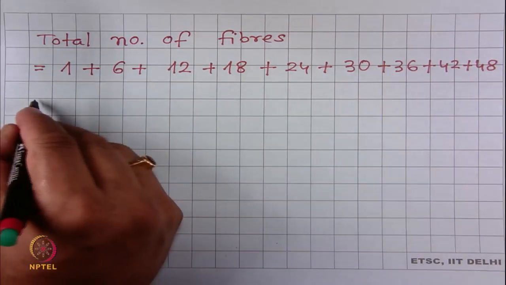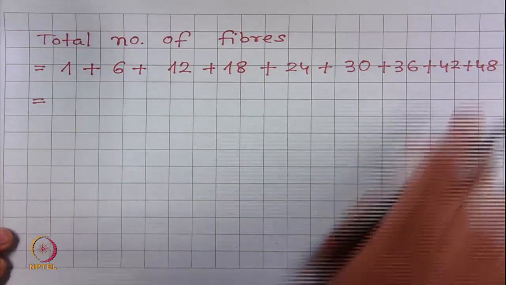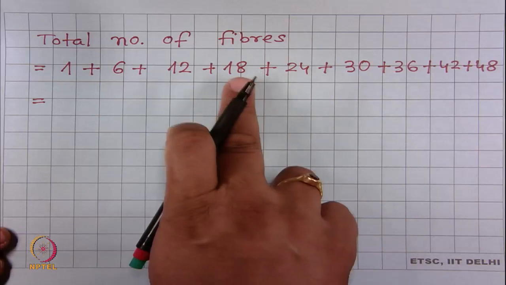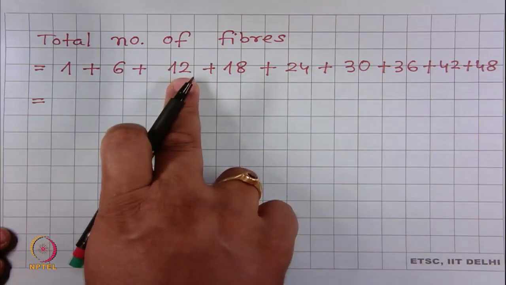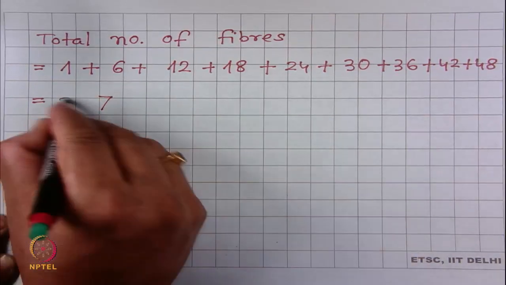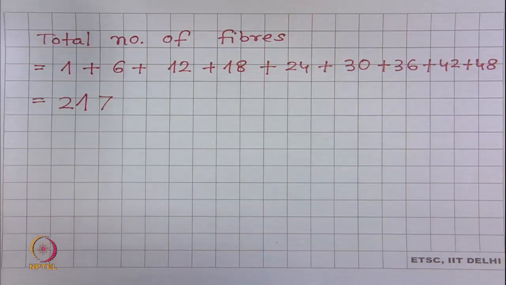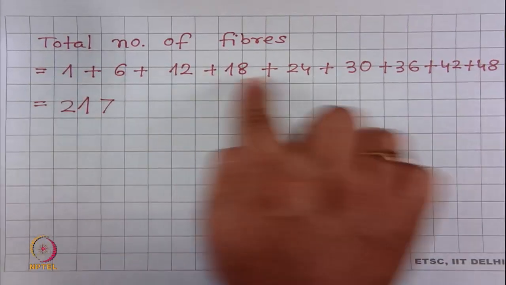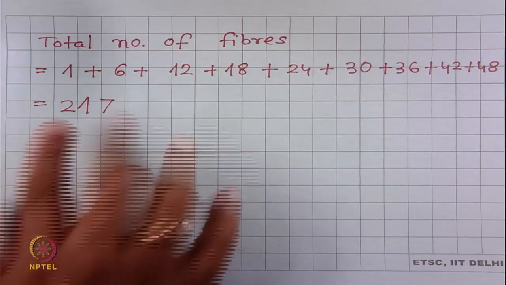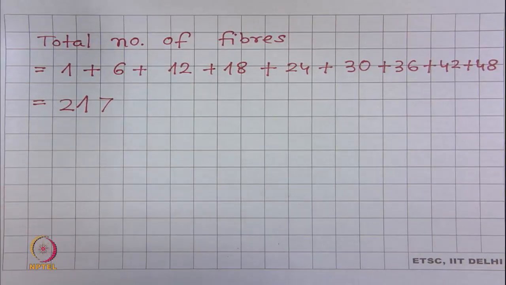What will be the value? That means, total number of fibers of this structure, if it has 9 layers, this will be the distribution of number of fibers in each layer. The total number will be 217. So, this is the answer to this problem number 4.